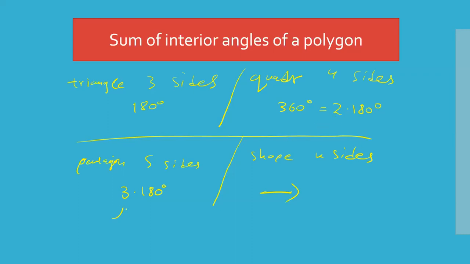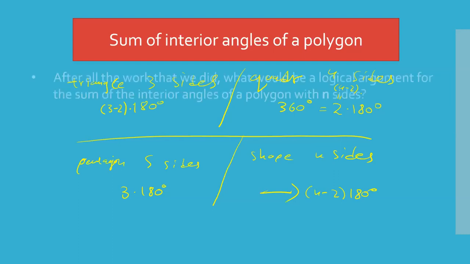N minus 2, yes. So here we have 3 minus 2 times 180, and here we have 2, which is actually 4 minus 2. So it would be logical to say that a shape with n sides has n minus 2 times 180 as the sum of interior angles. And this is actually correct.